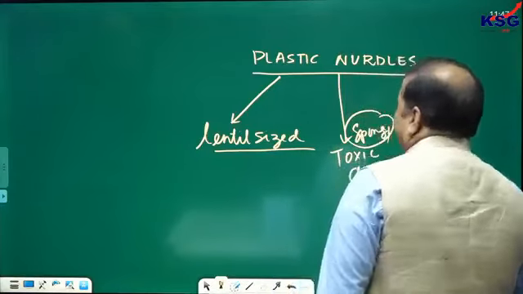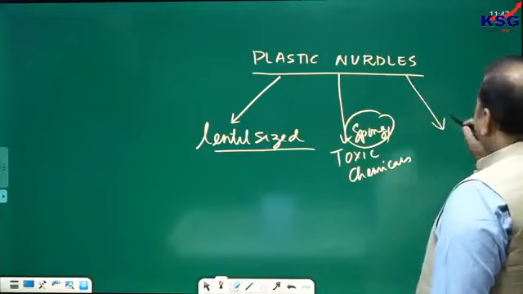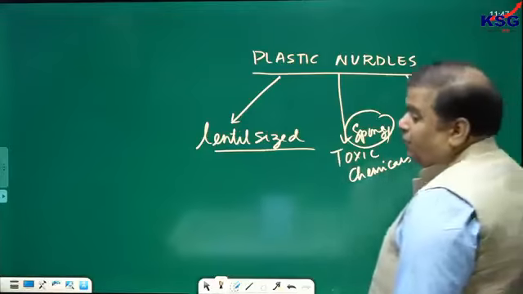So they are spongy. And the third thing is what? That they are made up of a number of chemicals.